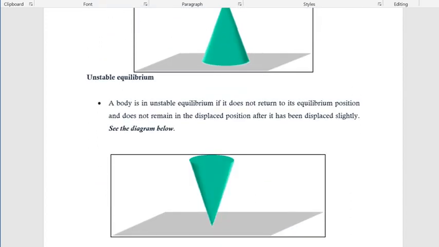But then if you look at an object that is in unstable equilibrium, just think of yourself. Usually we stand on our legs. Just think of you in an inverted position, where you put your arms on the ground and your legs are in the air. That's a very unstable position. In the same way, if you're standing upright and I come and push Maria, she's just going to move back a bit.